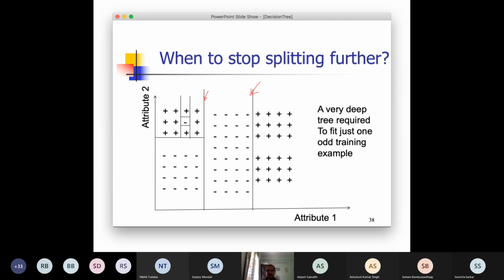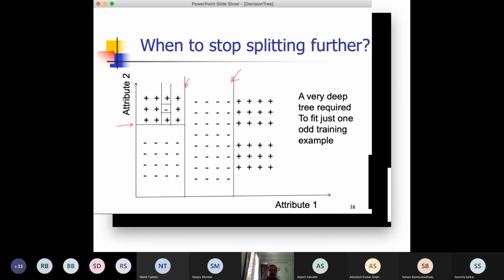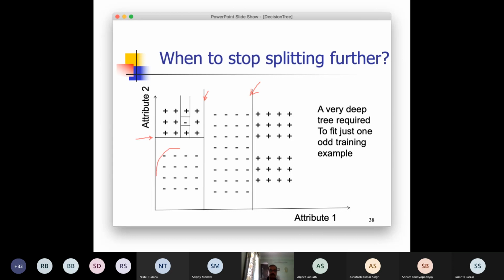We are repeating because this is a continuous valued attribute, as I mentioned earlier. So the ID3 algorithm needs to be modified with respect to continuous attributes. And then, of course, here you can see that splitting takes place against this attribute 2, this value, and so this part is a pure node after splitting.